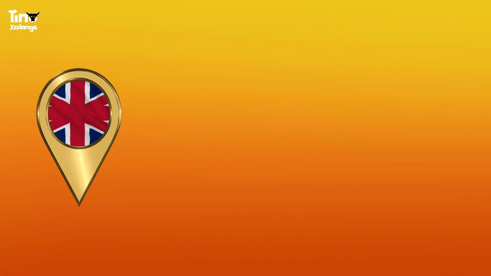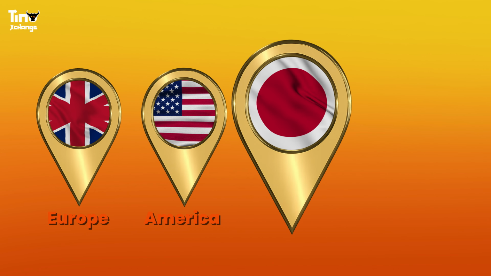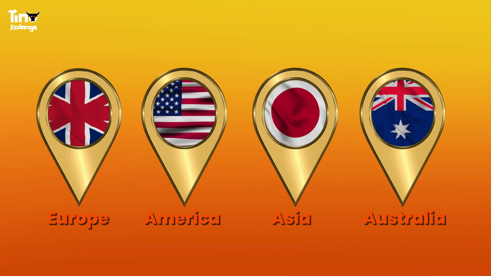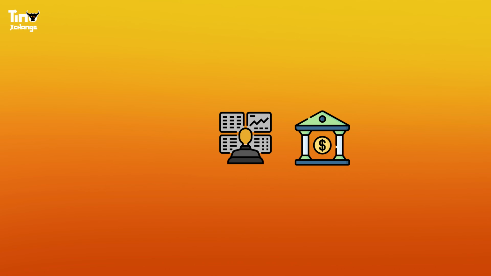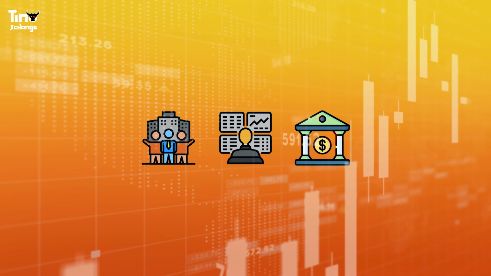Number 1 is London, that's for Europe, New York for America, Tokyo for Asia, Sydney for Australia. Each of these regions contributes uniquely to the global market activity, opening at different times based on their respective time zones. The market becomes particularly active during the prime trading hours of these regions, as institutional traders, banks, and corporate entities initiate large volumes of trades.